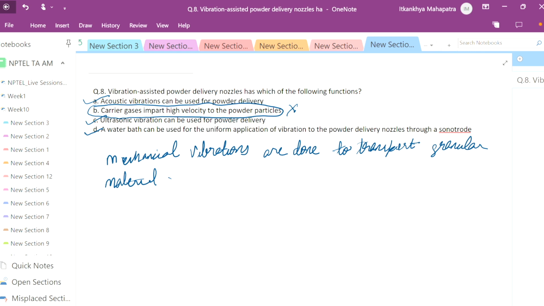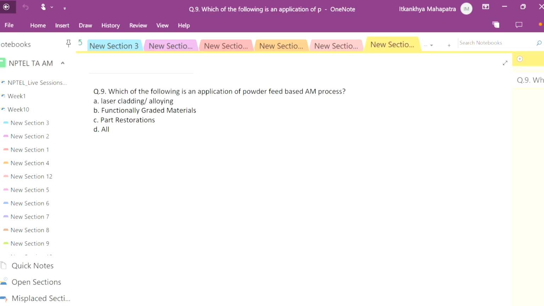Now next question. Which of the following is an application of powder based additive manufacturing? We already discussed laser cladding is an application, functionally graded materials also we can do, part restoration. In short, the correct option is all. In laser cladding, similar and dissimilar material can be melted in order to obtain a new surface with the desired properties.